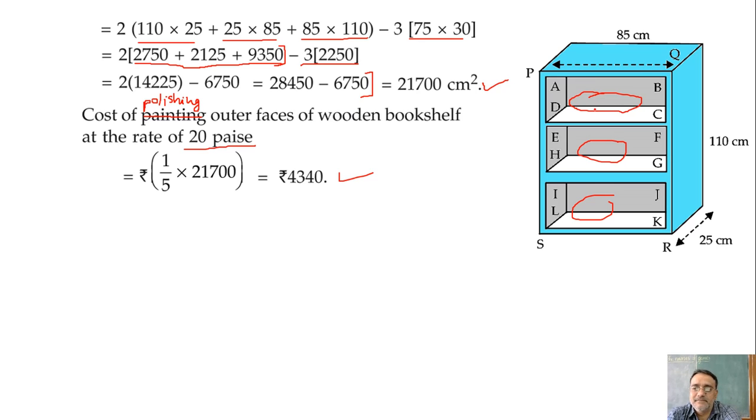2 into LB plus BH plus HL. See, this is breadth, this is height, B और H ये हम लोग छोड़ रहे हैं इसमें.